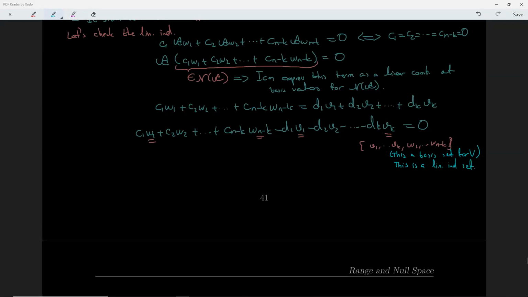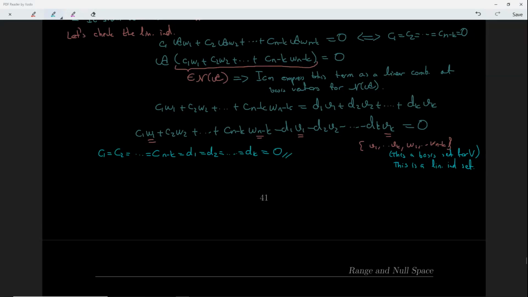So if a linear combination of these vectors is equal to 0, then all of these coefficients c1, c2, cn minus k, d1, d2, dk all have to be equal to 0.